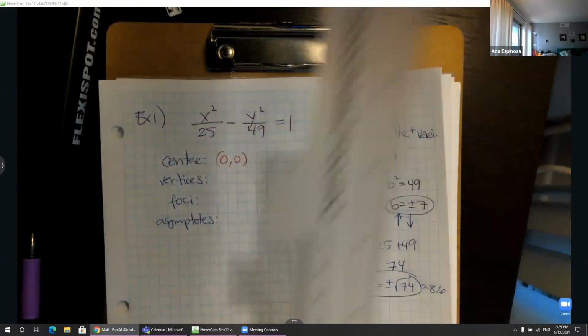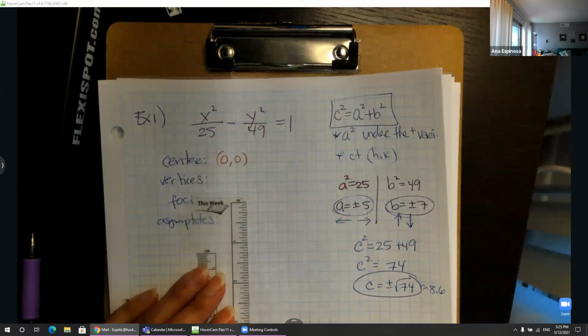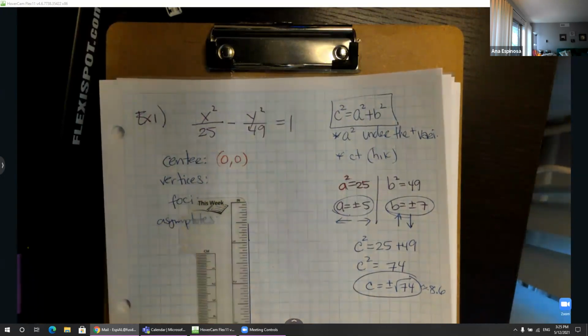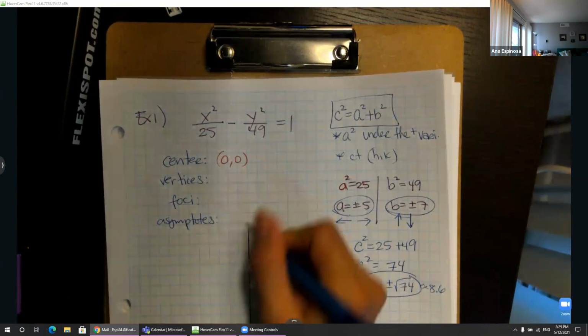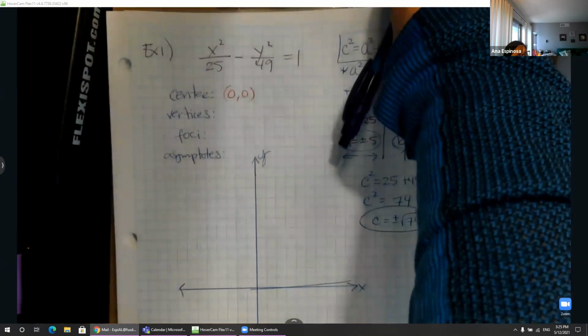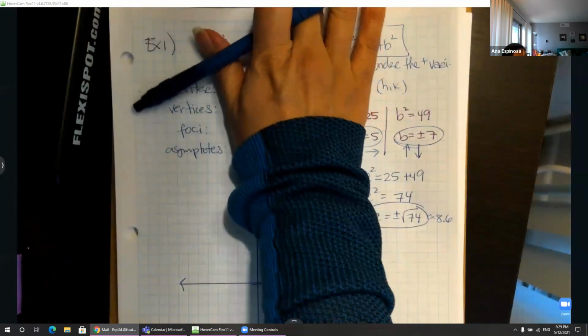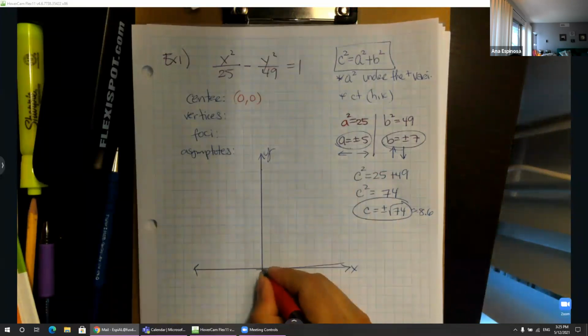Okay, let's get this started. Left, right, 5. So it's going to be longer than it is wider. Yeah, that's fine. Okay. Center 0, 0.